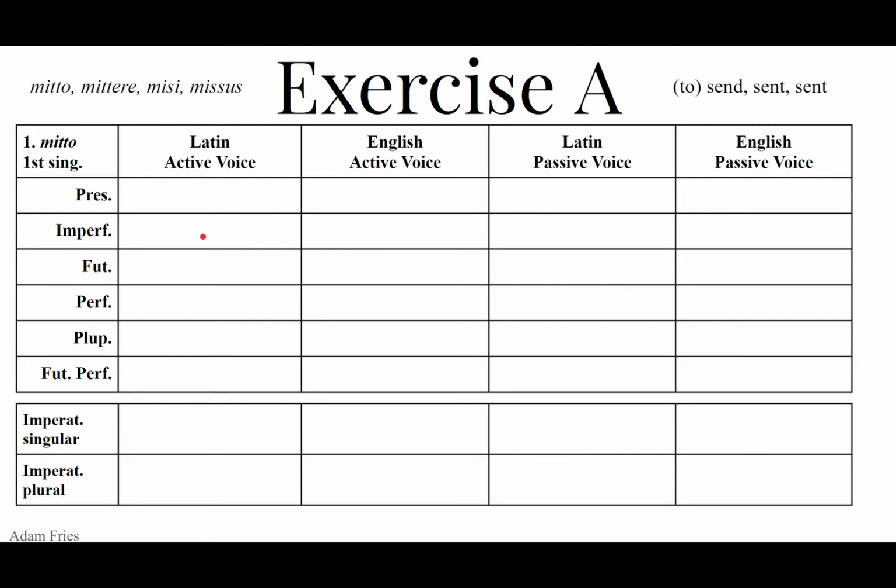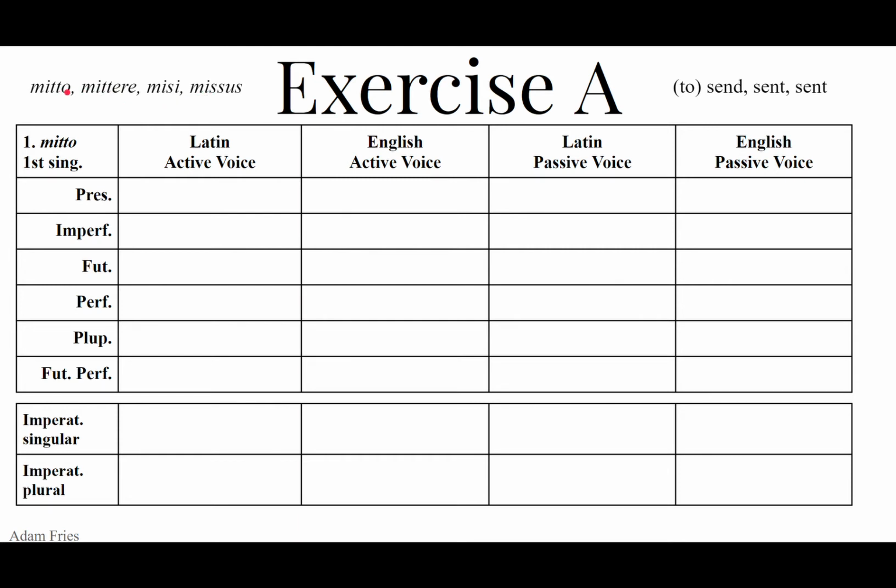The imperfect takes the present stem, and the future does as well, in the active and the passive, now that we have the present tense of the first person singular verb out of the way. So, what kind of conjugation is this? This is a third conjugation. O, ere, i, us. Not eo, ere, i, us. That's a second conjugation.